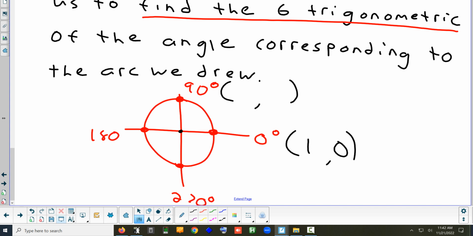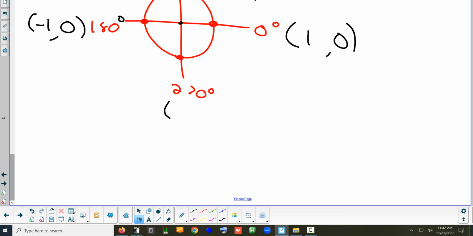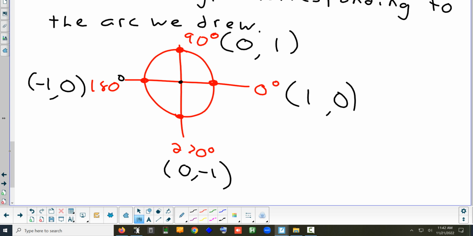How about the coordinate for 90? 0, 1. X value 0, y value 1. You cannot switch them. They have to be 0, 1. How about 180? Yep. And 270? 0, negative 1.